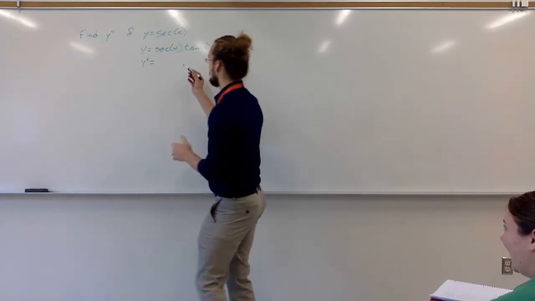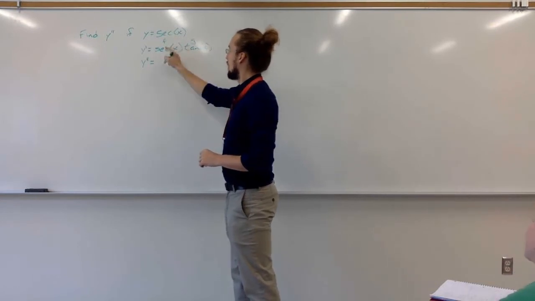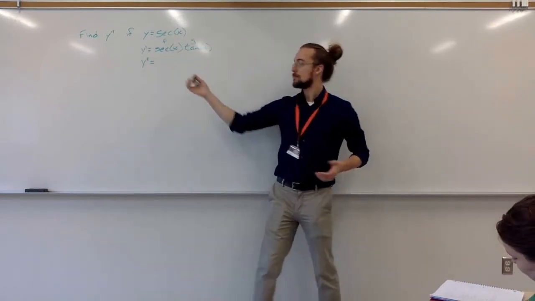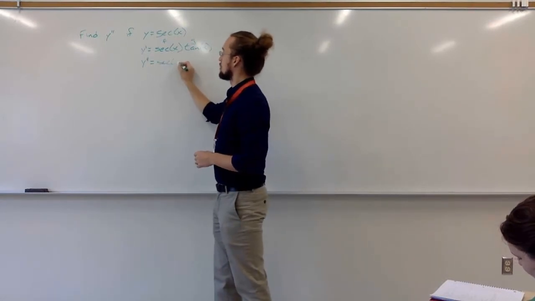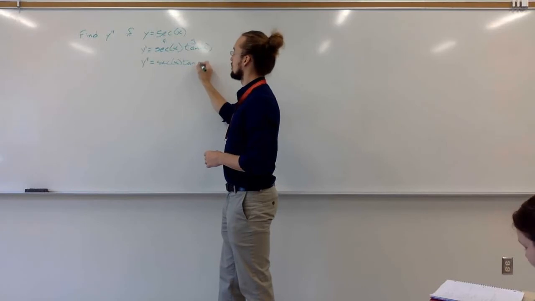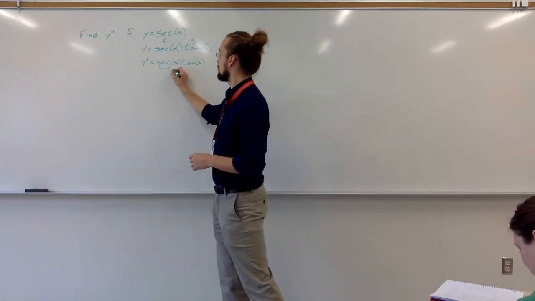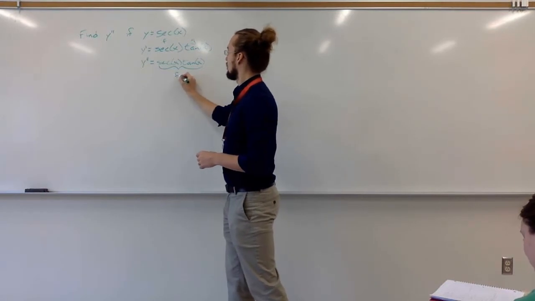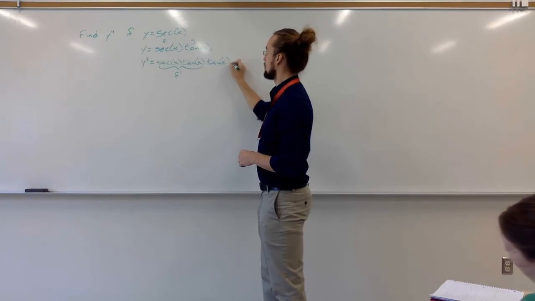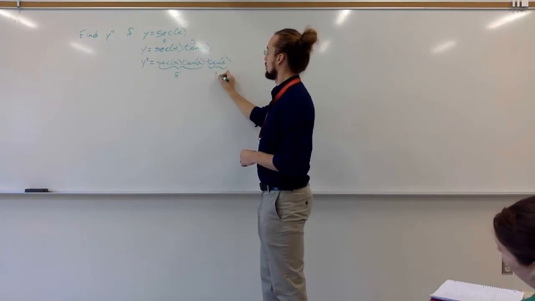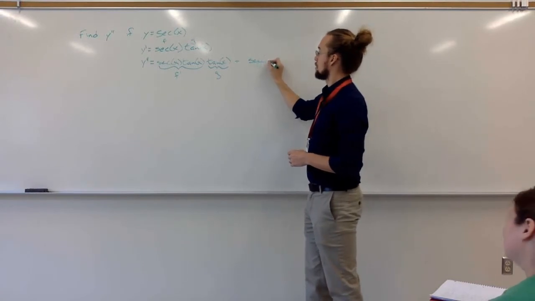So remember the product rule: if I define these two functions to be f and g, the product rule is take the derivative of the first, which would be secant times tangent, times the second. So this part here was my f prime, then times tangent. That's my g, plus the first, so secant.